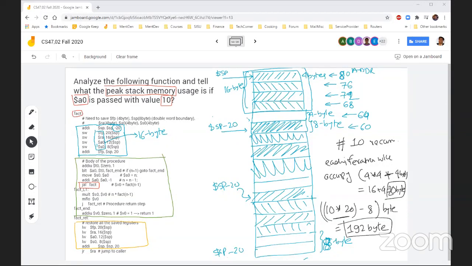So if you multiply that by 10, you get 200. But for the very last one, there's another 4 empty bytes in the diagram. So shouldn't that be 204? Since the 20 accounts for just the 4 used words plus the 1 extra word.